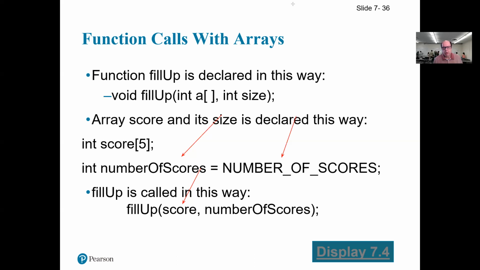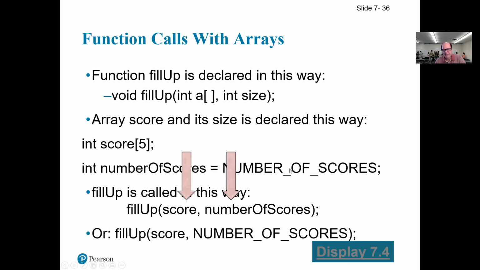So when we're calling a function, we are going to be calling it with the name of the array and the size of the array. Now, I could potentially pass my constant variable as a parameter for my function.